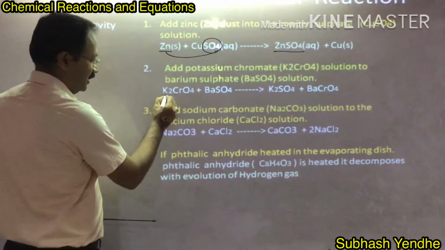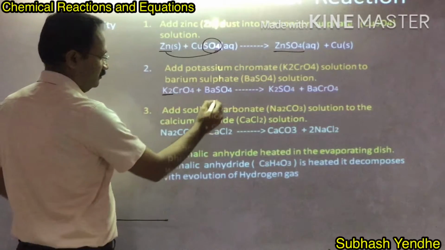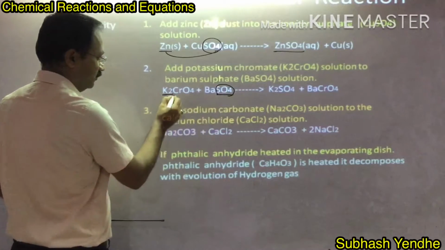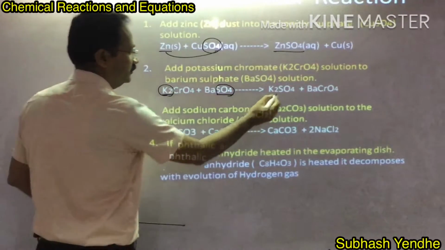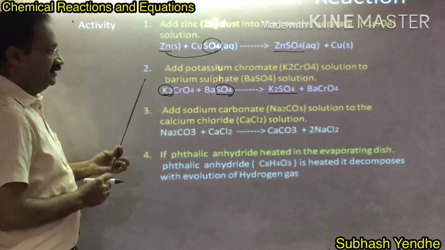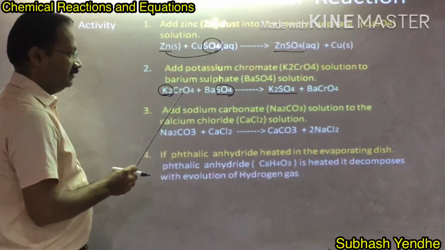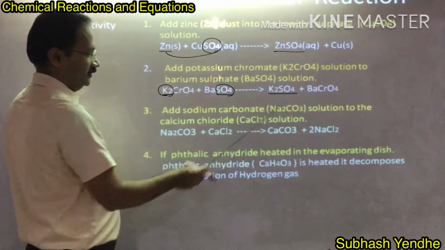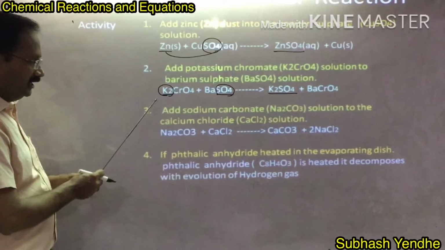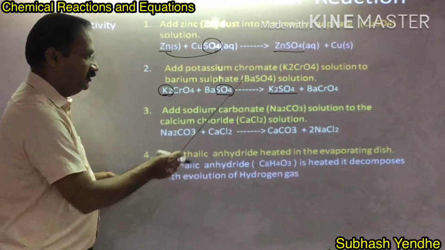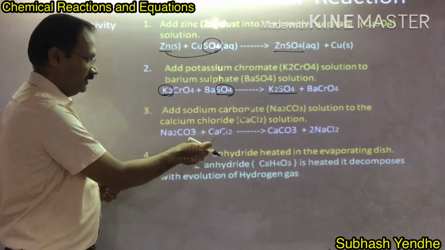See this one, the potassium reacts with the sulfate group to form potassium sulfate, and barium reacts with the chromate to form barium chromate. Again here the potassium displaces the sulfate to form potassium sulfate.